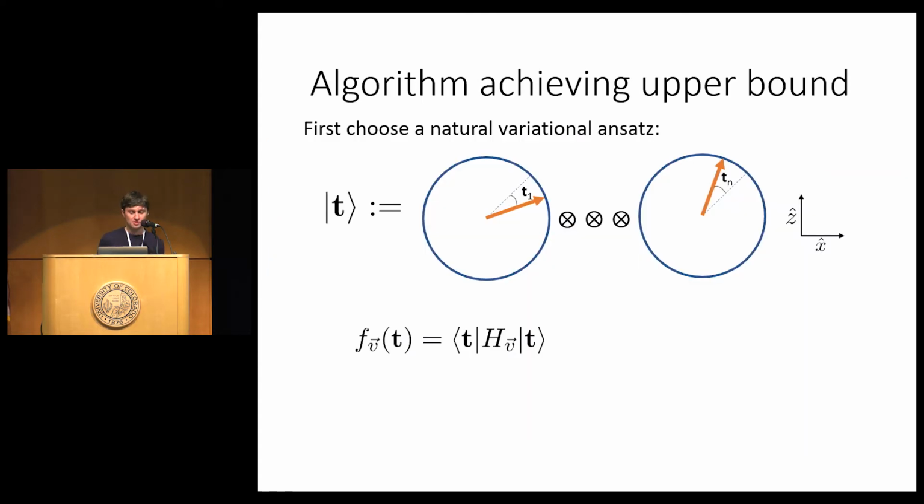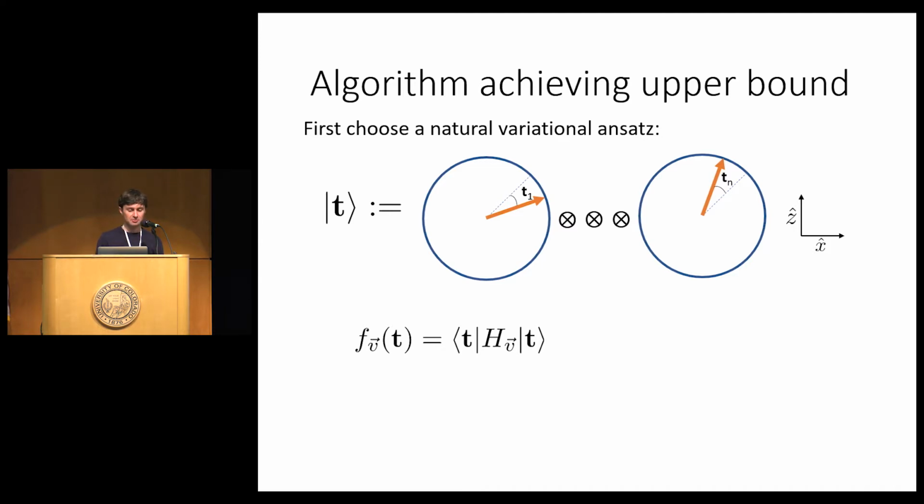Okay, so that was the lower bound. I said that the upper bound could be achieved with a first order algorithm. To do that, we can start by making a good choice of variational ansatz. In particular, we can choose a product state on n qubits, where each qubit is polarized in the xz plane of the Bloch sphere, and we can choose our ansatz such that we have n variational parameters.